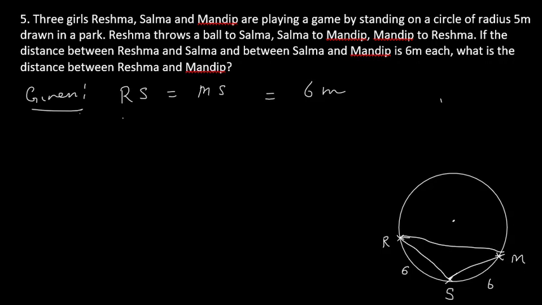Radius of the circle is 5 meter, and we have to find the length of RM, the distance between Reshma and Mandeep. Okay, here I will do a construction.